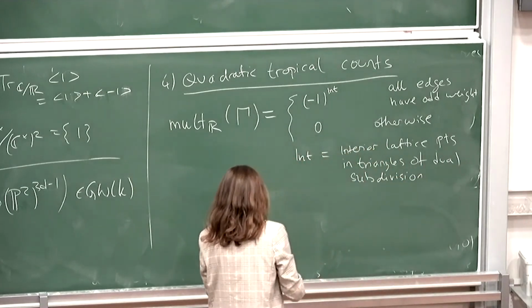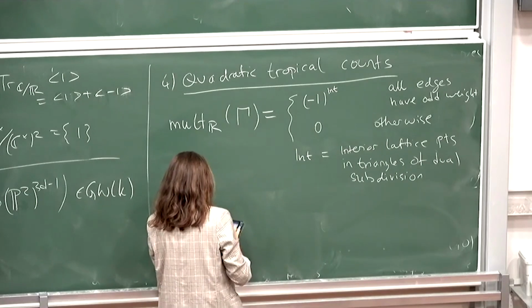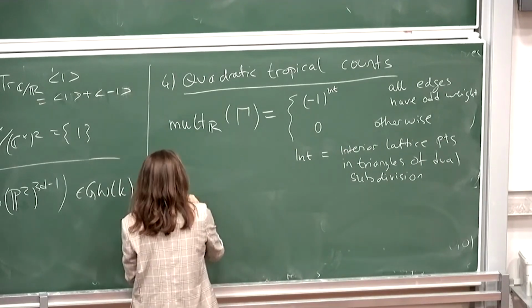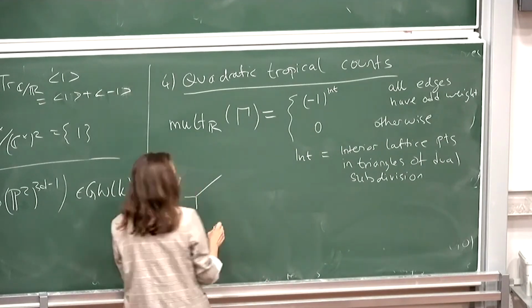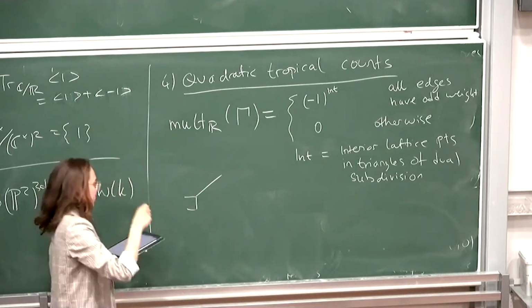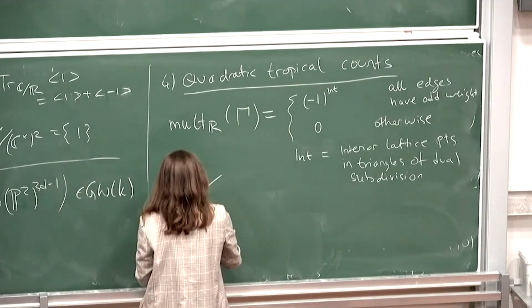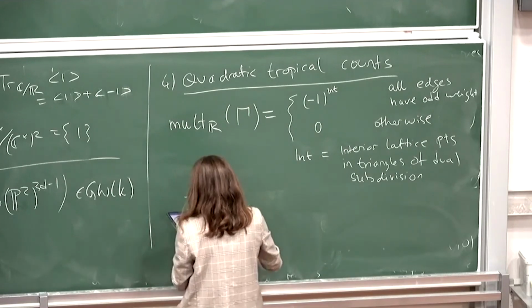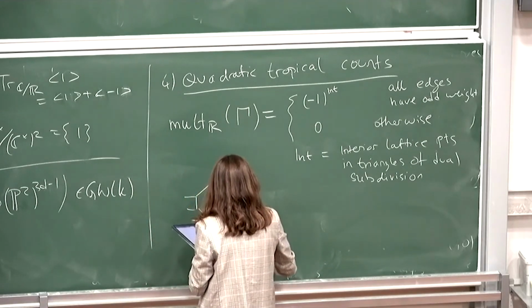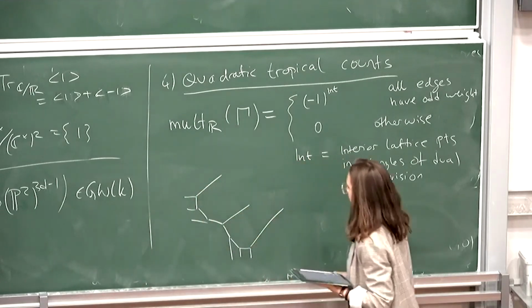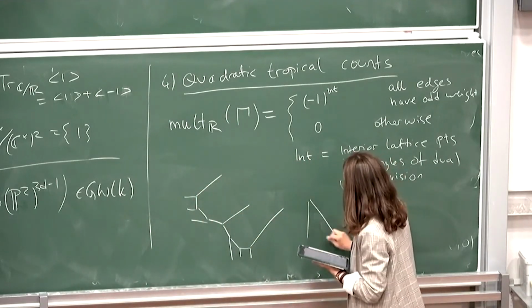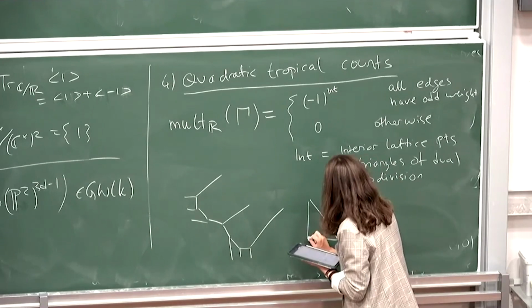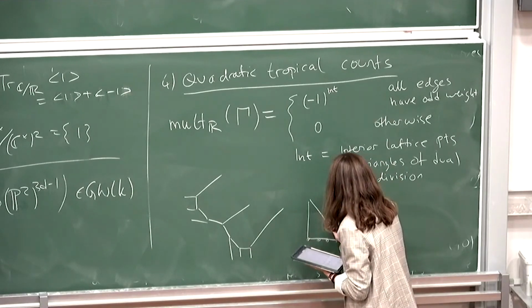There's actually one example I should maybe give where this is not trivial. So here's a degree 3 curve. This is also a different combinatorial type than we saw earlier. So let's say we have this degree 3 tropical curve, then the dual subdivision looks as follows. Let me draw the lattice points here.